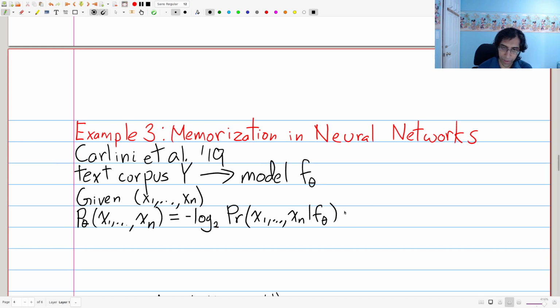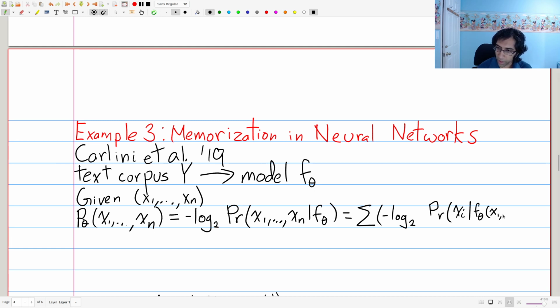And this can be rewritten in a nice way, assuming standard independence arguments. This can be written as the summation of negative log base 2 of the probability of xi conditioned on the result of the model on the prefix.